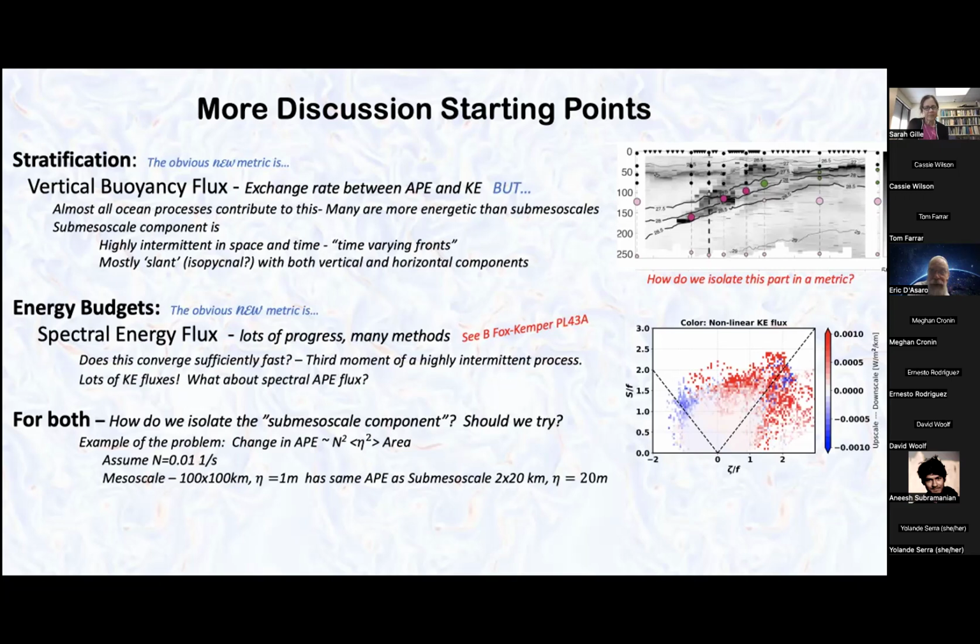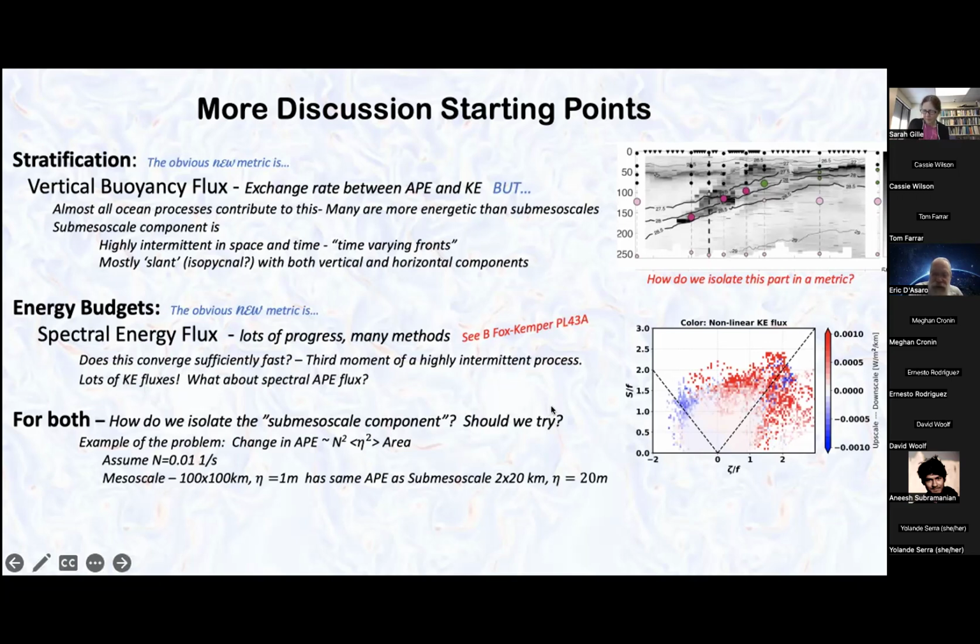It was entirely dominated by one front in the middle of a 500-kilometer run. So it's a hard statistical problem. And the other issue is this has all been done with kinetic energy fluxes, but available potential energy flux is probably even more important, and nobody seems to be talking about that much recently.